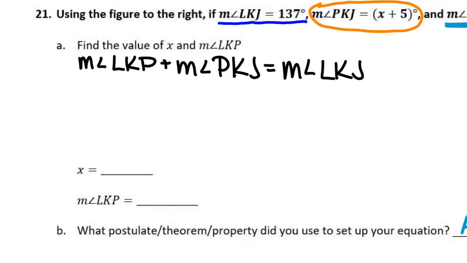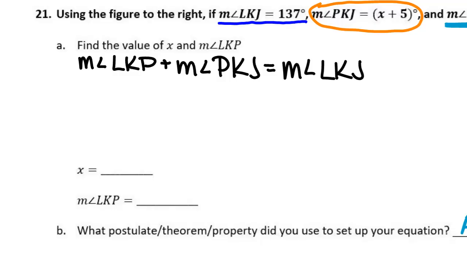Perfect. Now that I have my equation written with small angle plus small angle equals big angle, yes? Should you write this out? Yes. Will it save you from putting stuff in the wrong spot? Yes. Will I take off points if you don't have it there, but you do it right anyway? No, I won't take off any points.